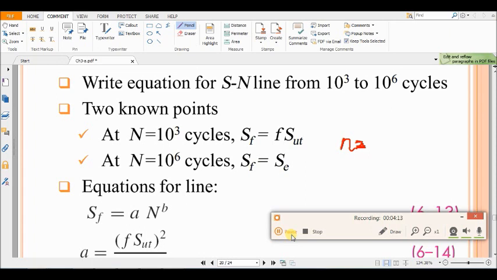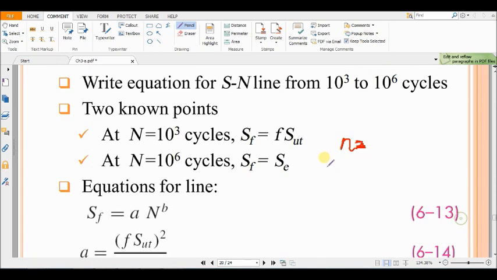If the fatigue safety factor of the part is less than 1, then we would say it will fail under fatigue failure. So I will put subscript F on N, which means we are talking about the fatigue safety factor.